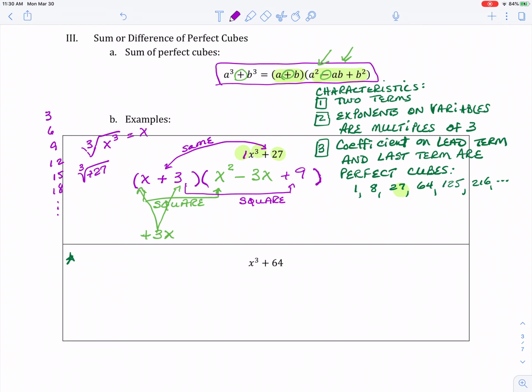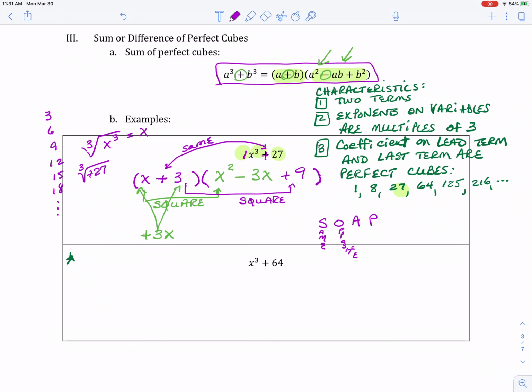And my students told me this semester, I had never heard this before, this little thing to help them remember: spelling out the word SOAP means that the first sign is going to be the same as what you start with here. The middle term is going to be the opposite.